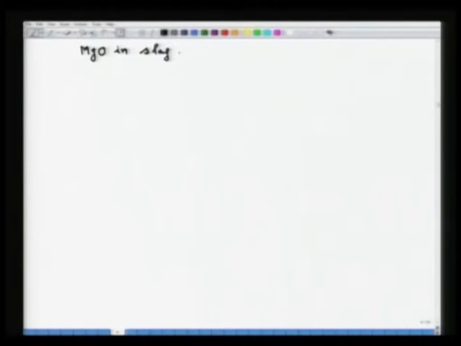MgO in slag will be equal to MgO in iron ore plus there is another source of MgO, that is MgO from flux. So, these are the important things, all sources to be known. Now, the flux contains MgCO3.